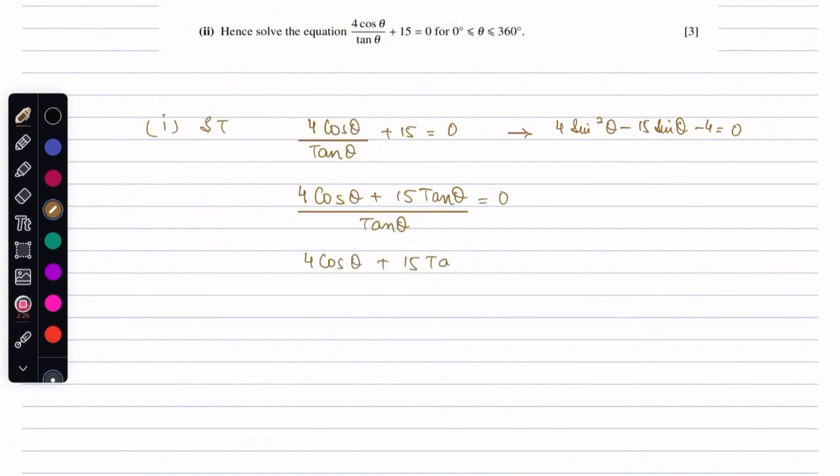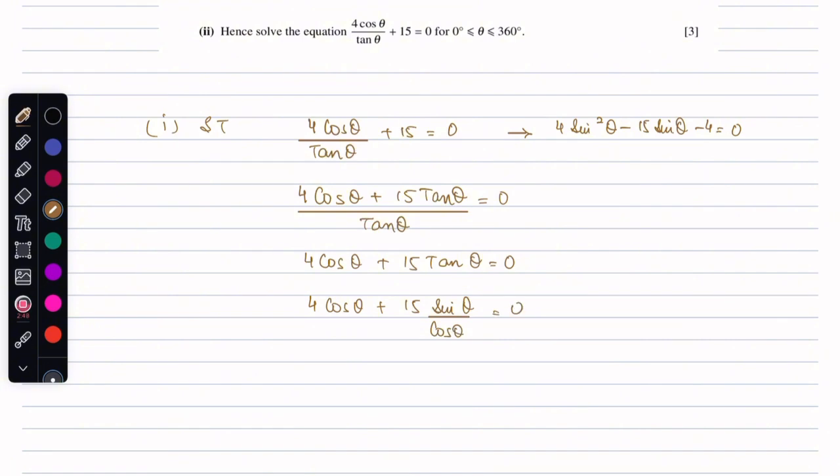Now just keep the objective in mind, that the whole equation shall be expressed in terms of sine theta. So tan theta here can be replaced by sine theta over cos theta and this shall be equal to 0.